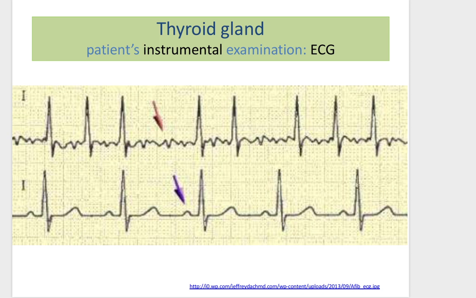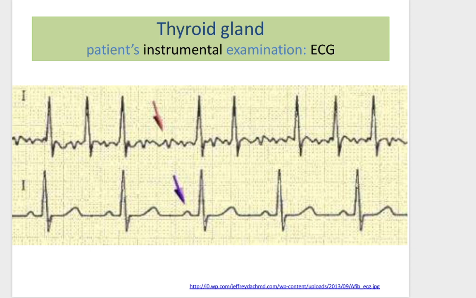Most thyroid disorders affect the cardiovascular system, especially those that affect thyroid function. Both hypothyroidism and hyperthyroidism affect heart and vessel function, and especially heart electricity. That's why a lot of tachycardias, arrhythmias, and palpitations can be caused by thyroid problems.